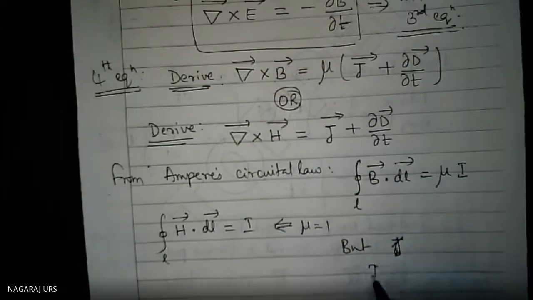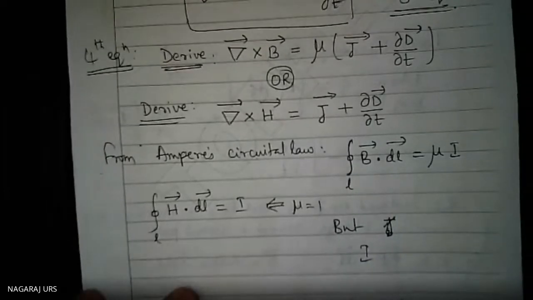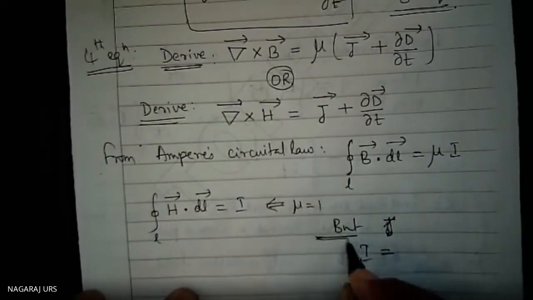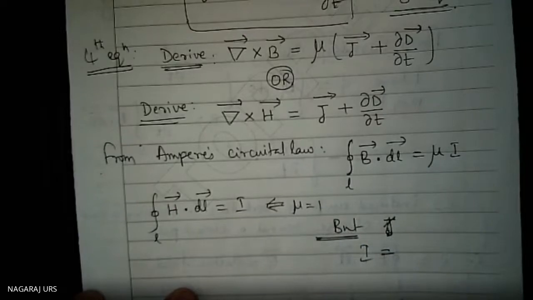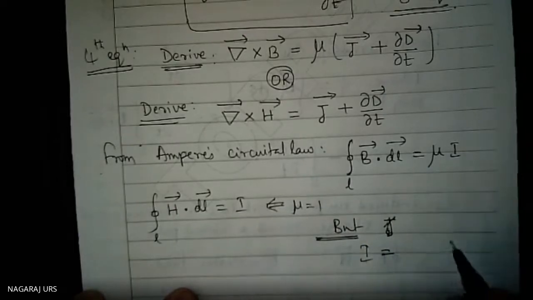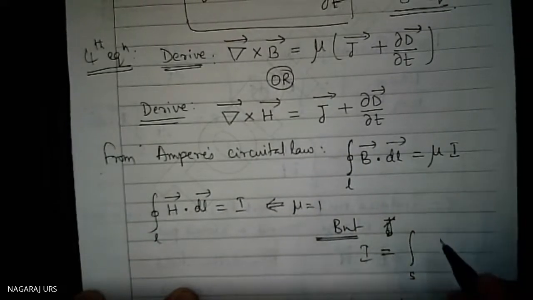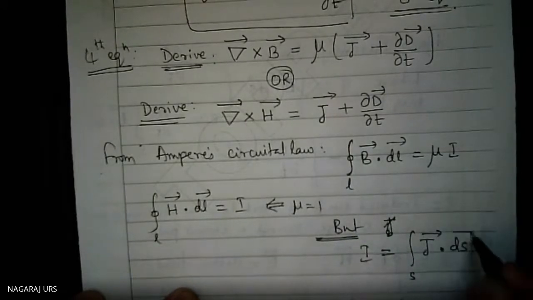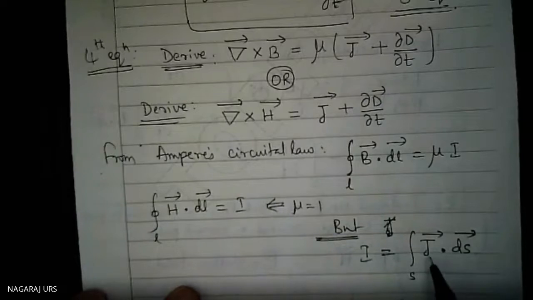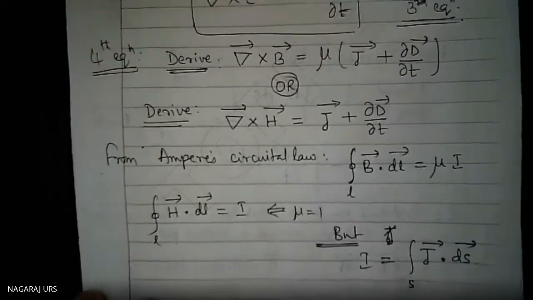So let me write current in terms of J. I means current, J means current density, I is equal to surface integral J dot ds, where J is the current density, ds is the surface area, over a surface area S. Therefore, current is equal to the surface integral of J dot ds.